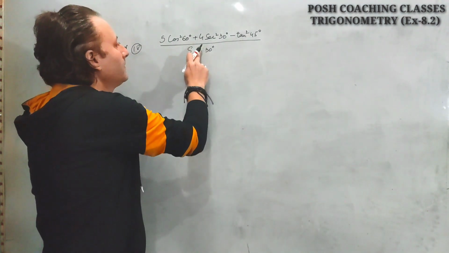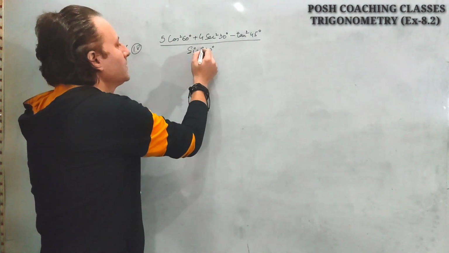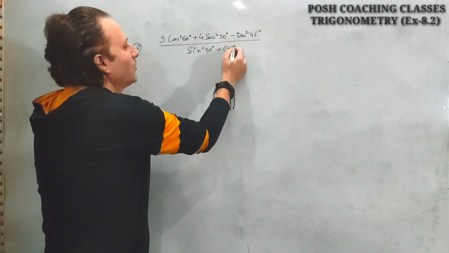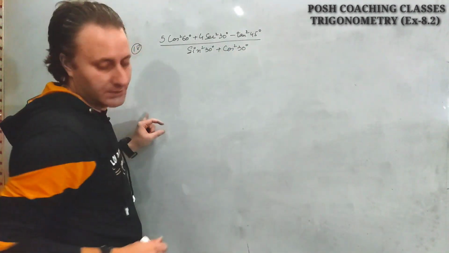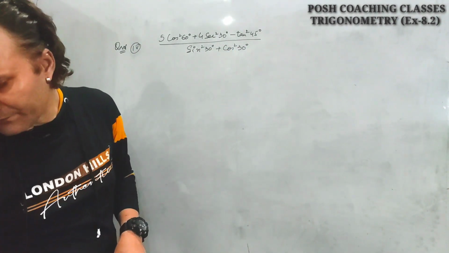I'm sorry about that. This is sine square 30 degree plus cos square 30 degree. Is that it? Yes, we have the same thing.